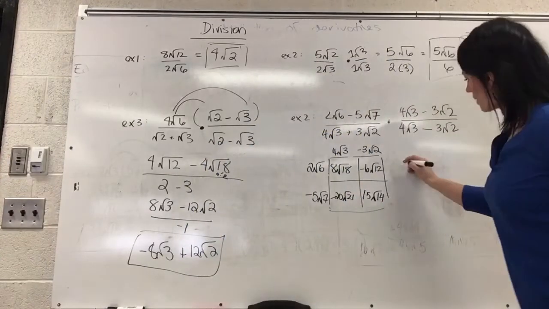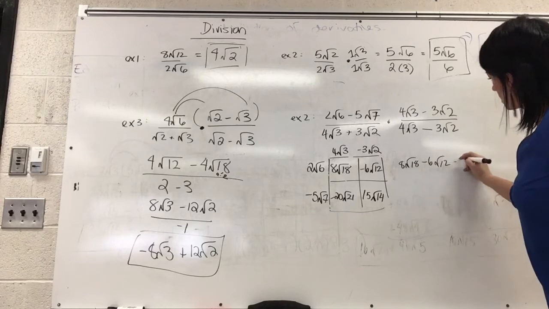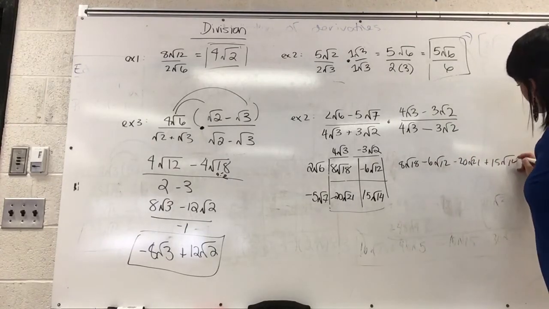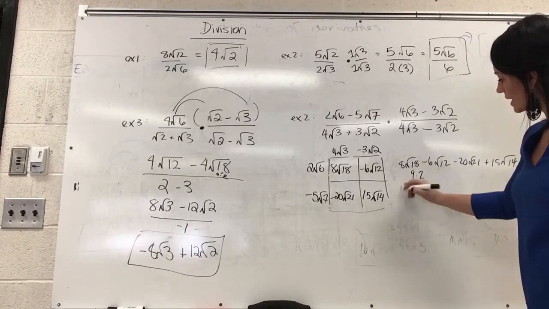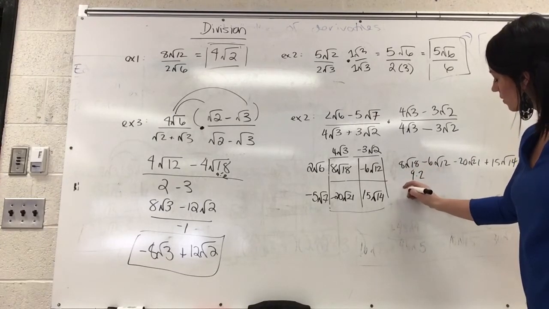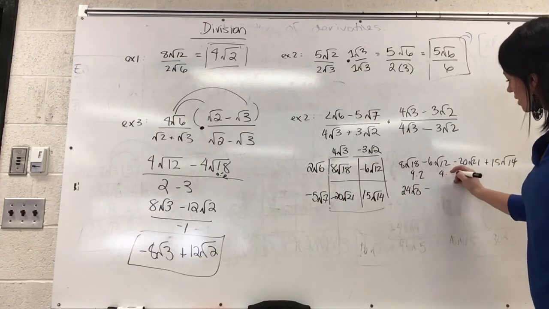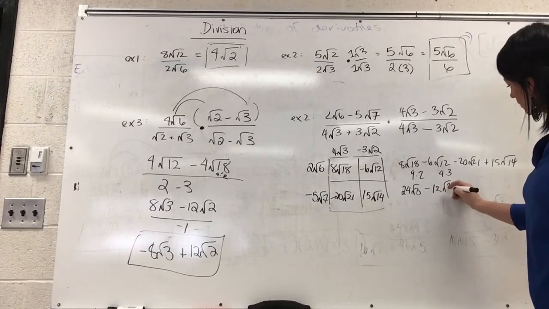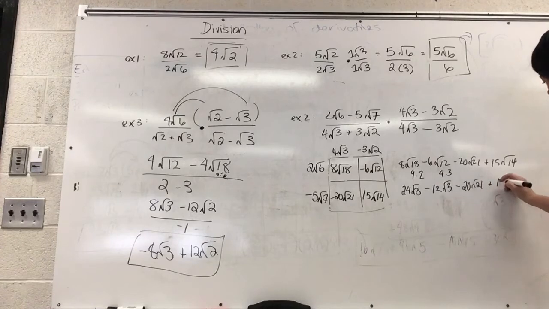I'm going to write it all out, and then simplify it before I do anything else. And I didn't make any mistakes. Okay, so this can be written as 9 times 2, so I'm going to bring the 9 out, it's going to be a 3, so 24 root 2. This can be written as 4 times 3, so I'm going to take the 4 out, so 12 root 3. That doesn't simplify, and that does not simplify either.